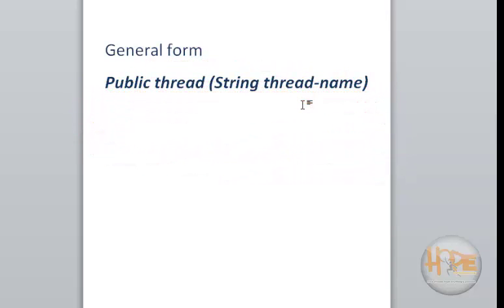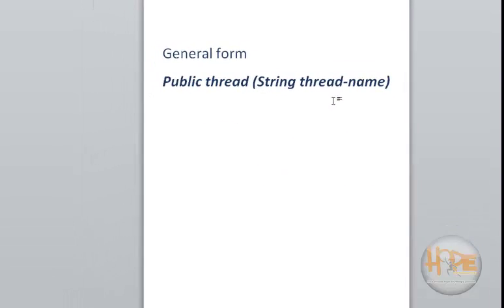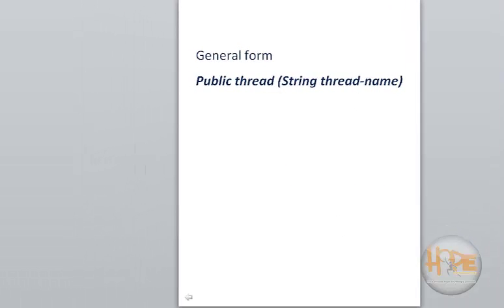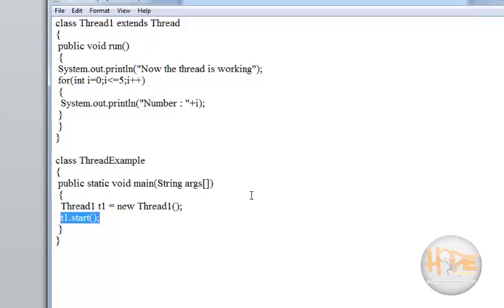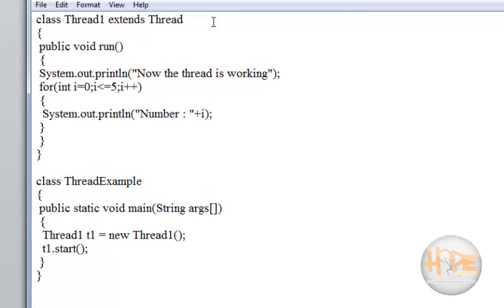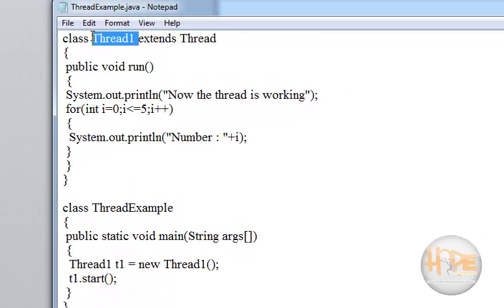To clear your idea about threads, let's go through an example. This is the example of a thread. Here the class Thread1 is extending class Thread, which means Thread1 is a subclass of the Thread class.